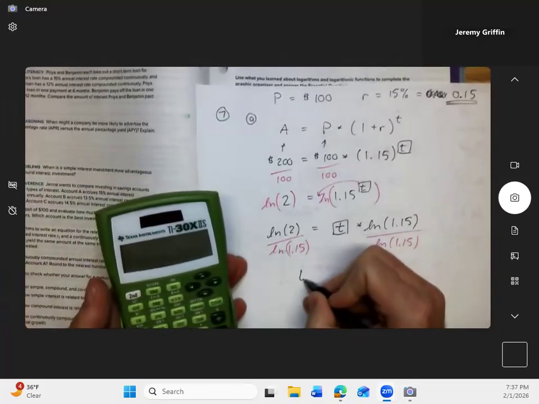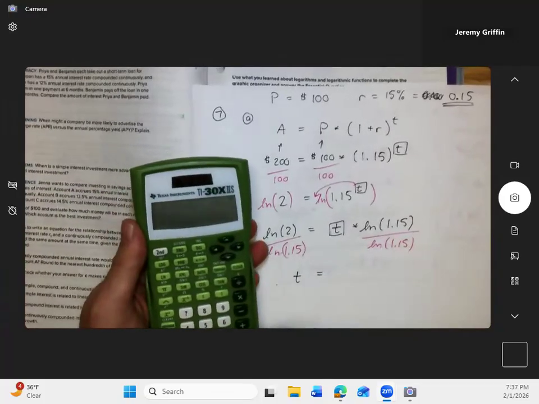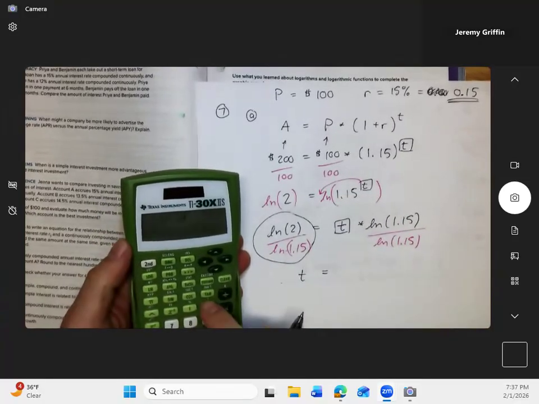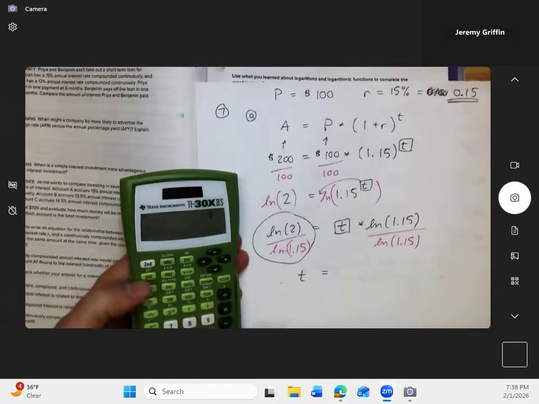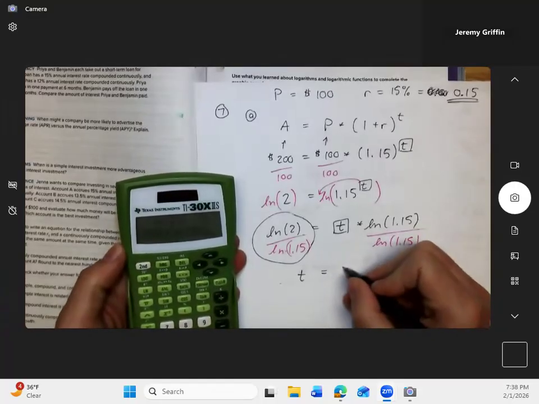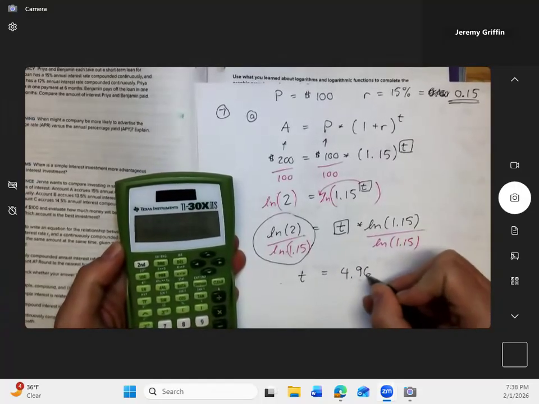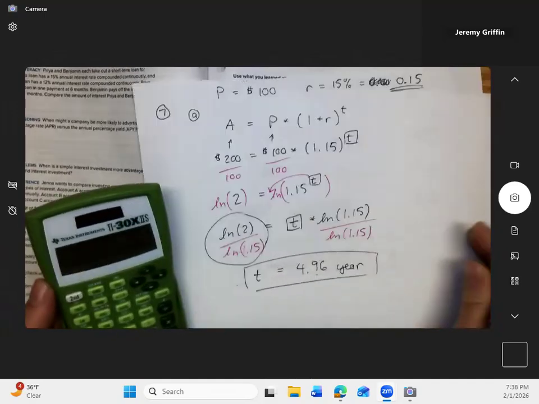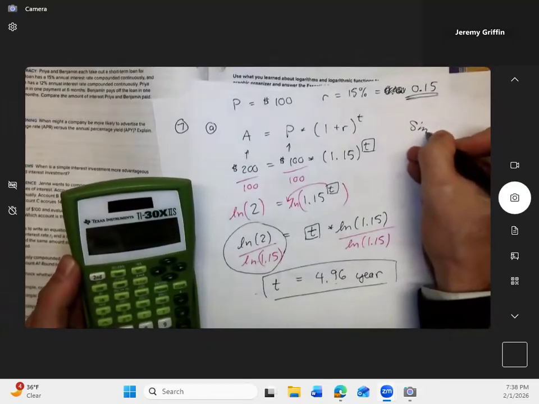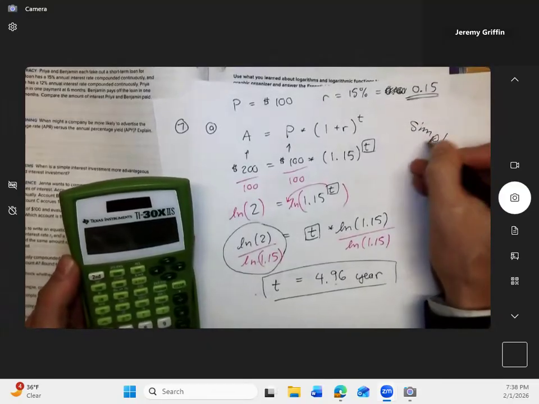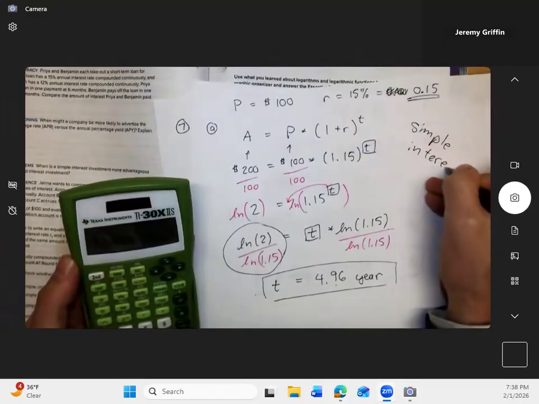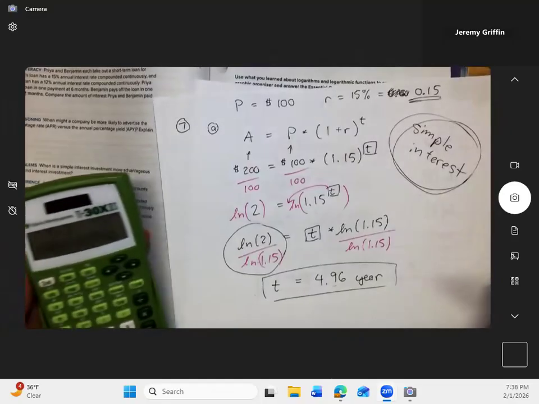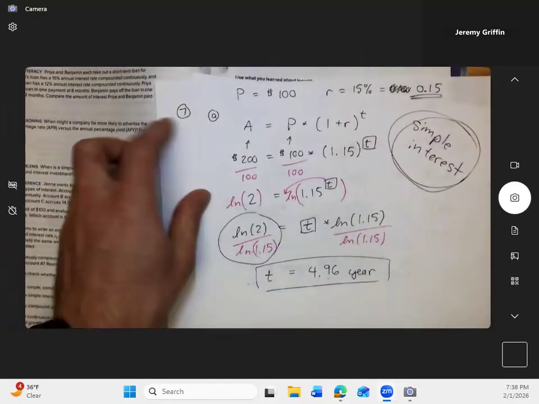And the amount of time to double with simple interest is natural log of 2 over natural log of 1.15. Looking at 4.96 years, I'll call it. Let's go to the nearest hundredth. Again, this was with simple interest. That was the model we set up from the beginning. So here's simple interest, we'll keep that on this page, and we'll call that part A.